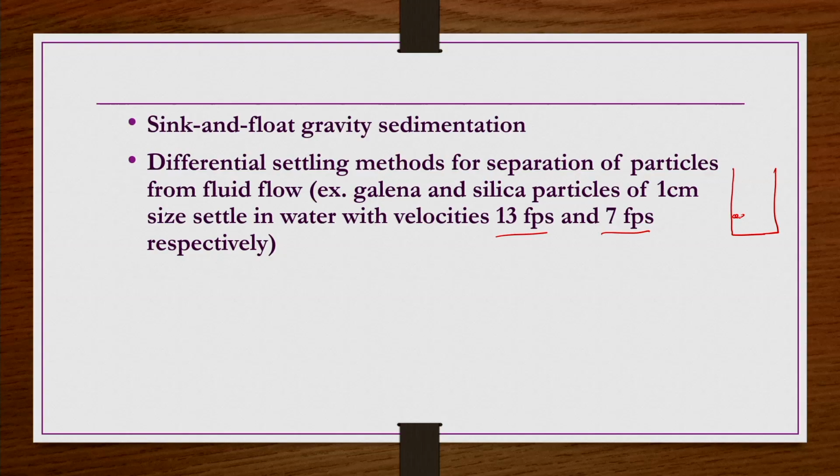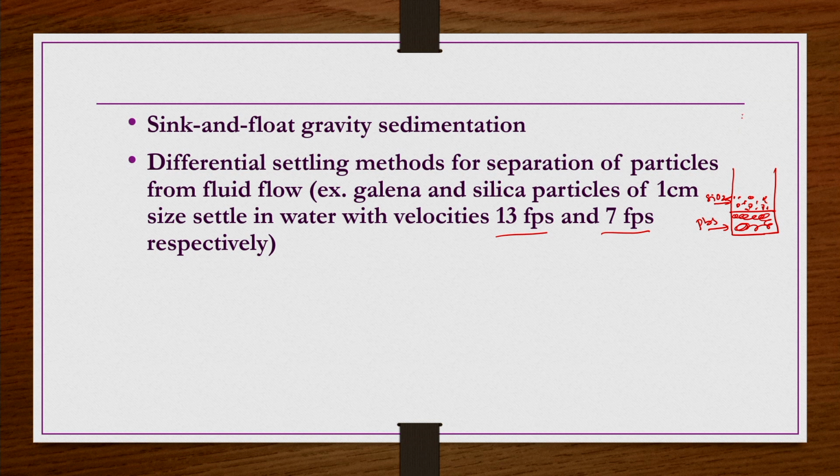So, the majority fraction at the bottom will be PbS, and above it you may get a separate fraction of the solid SiO2. Like this you can separate. This is what is known as differential settling.